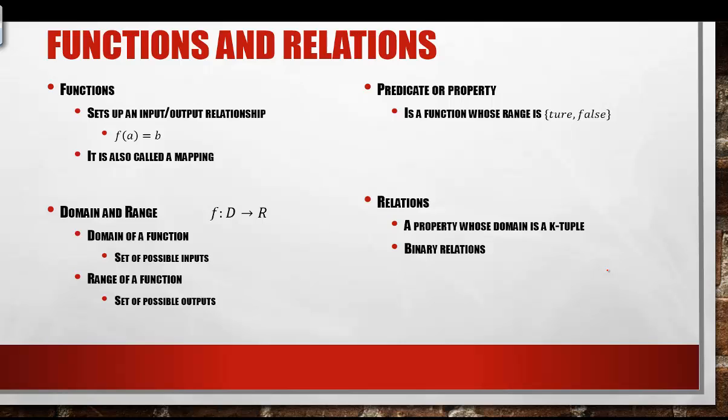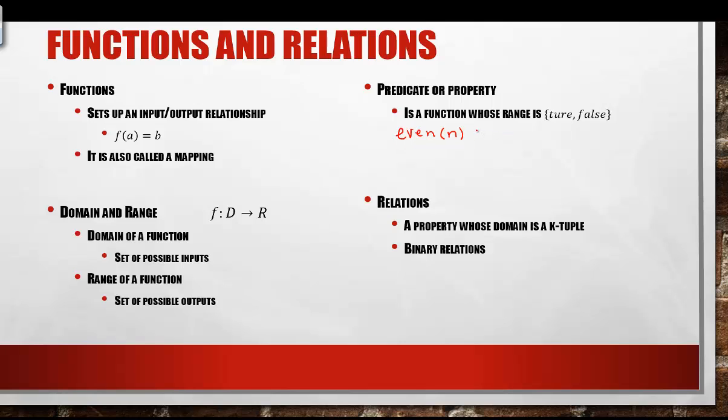So these are effectively functions that take an input, and the input could be a k-array, a set of k-tuples, but the output is one of the two possible values, either true or false. These we call predicates or properties. For example, even is a predicate. So even n is a predicate.